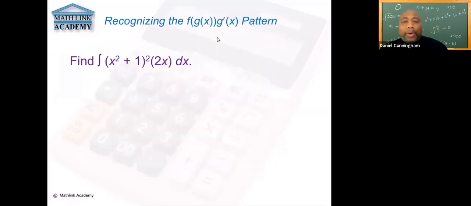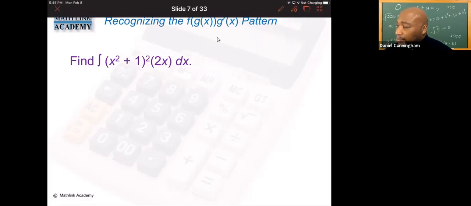So here's a problem right here. I want to integrate the quantity x squared plus 1, squared, times 2x times dx. So in this case, I'm going to look at this and say you have to decide. I'm going to look at that as my inside function, kind of like my g of x.